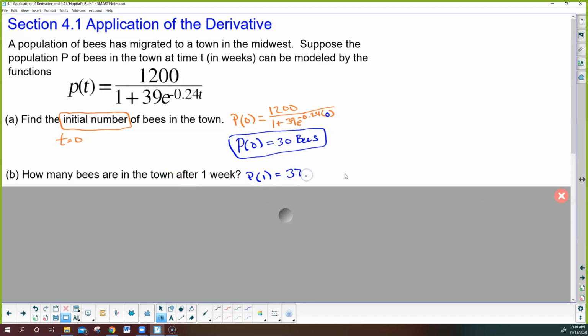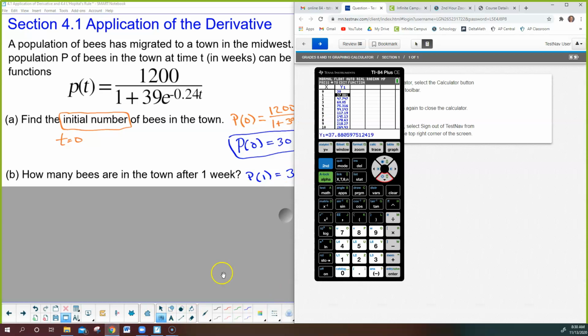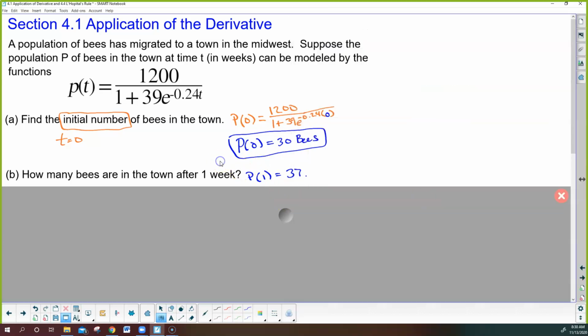This was 37 point, and we definitely want to take 3 decimal spots, so we could round it to the 3rd decimal spot, so 37.881 B's at 1 week. Right, so after 1 week, it's 37.881 B's.